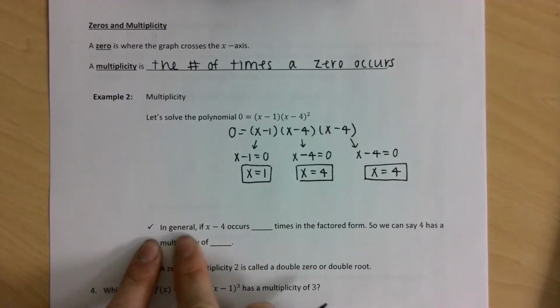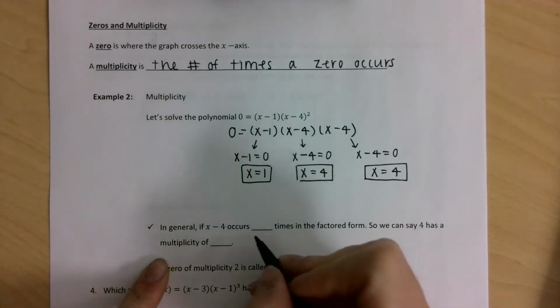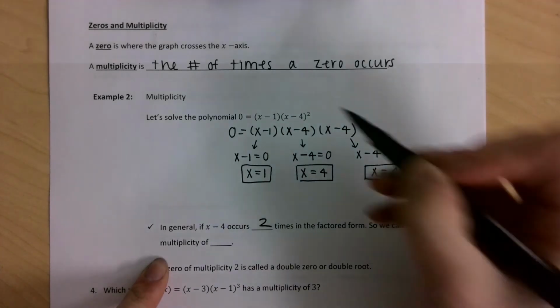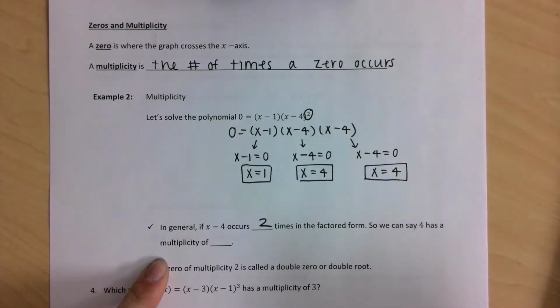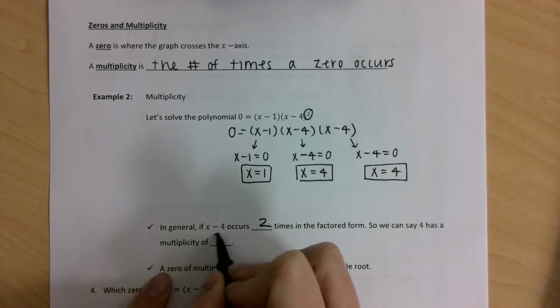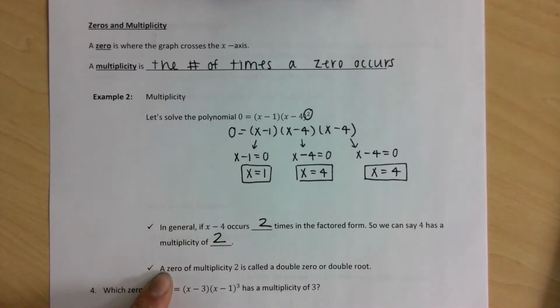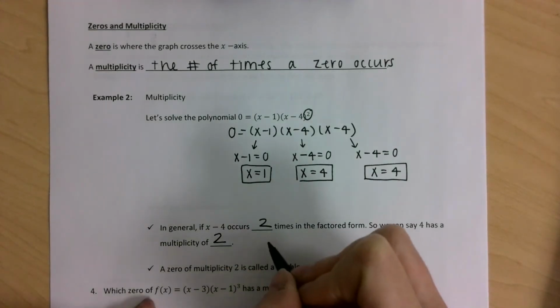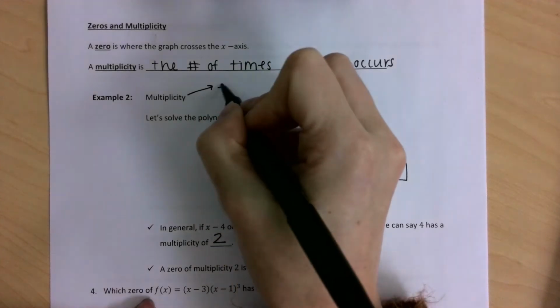Okay, in general, the x minus 4 occurred 2 times in factored form. It had an exponent of 2, showing me it occurred twice. So we could say that 4 has a multiplicity of 2. Okay, multiplicities are always looking at exponents.